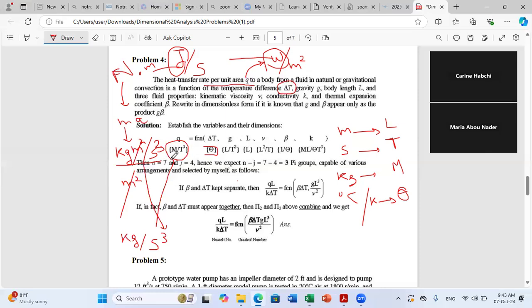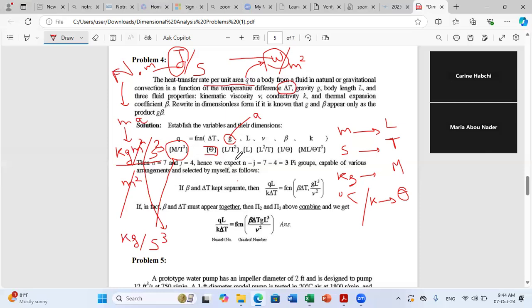Okay. Now, as we said, delta T is a temperature difference, so it has a dimension of temperature, which we called theta. Now, G is the gravity. You know that gravity has the same unit of acceleration, so in terms of dimensions, it's L over T squared.